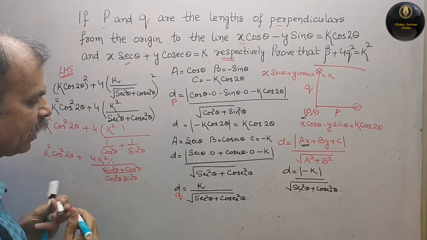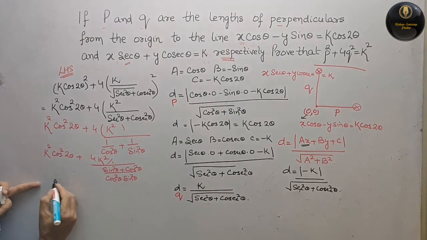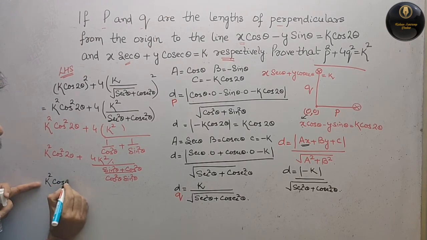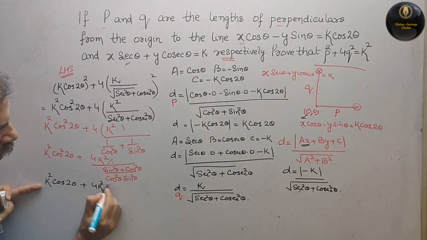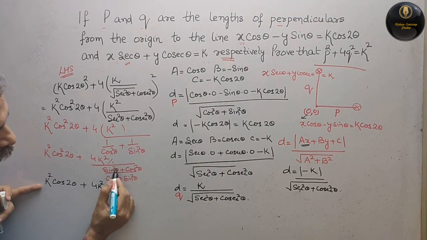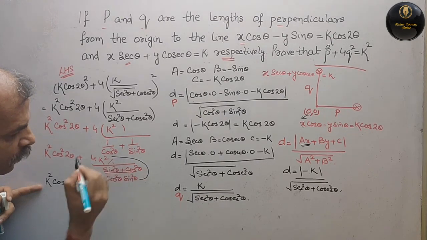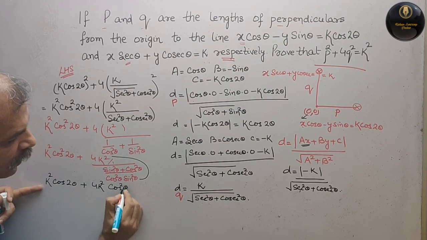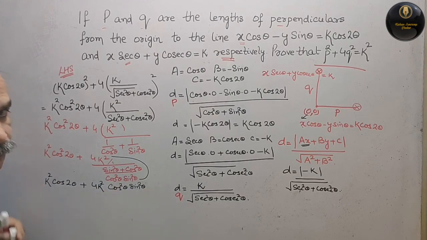So now it will come as k square cos square 2 theta plus 4 k square, and sin square plus cos square is 1, so this will come here, over cos square theta sin square theta.